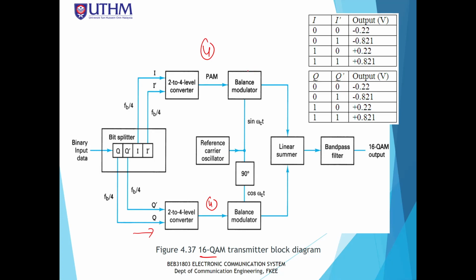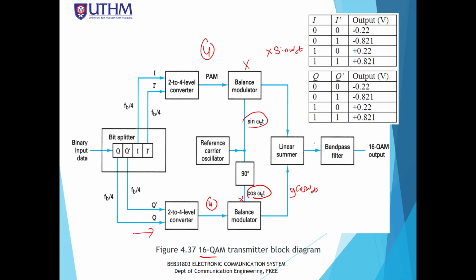Then, put inside the balanced modulator, we do the multiplications. In the I channel, we multiply with the sine function. In the Q channel, we multiply with the cosine function. That means we're going to have 2 different outputs at the output of the balanced modulator: x sine omega ct, and over here y cos omega ct.